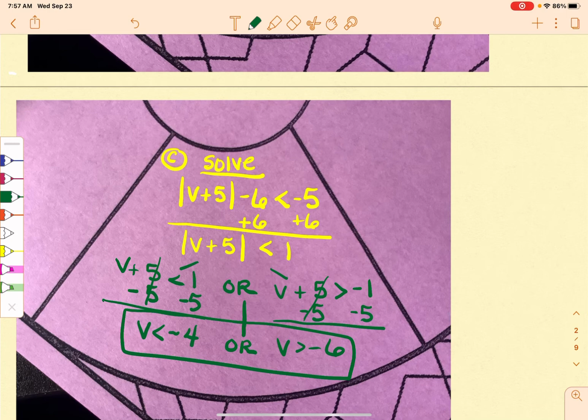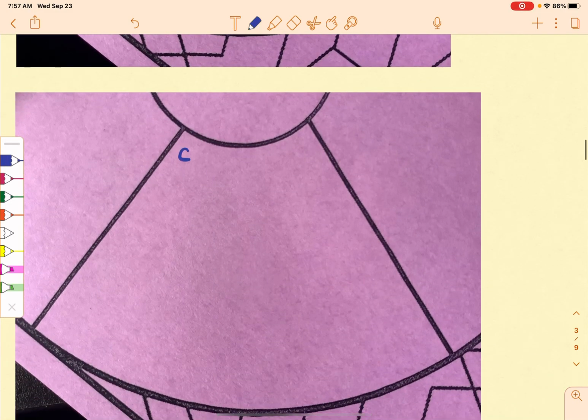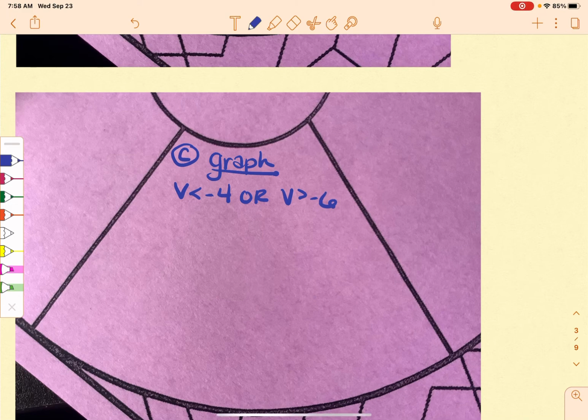Now I'm going to take this to my next box to do the graphing. I'm still going to call this one C, and label it like I did the other ones for graphing. I'm going to bring my two inequalities over. The two numbers they care about are -6 and -4.